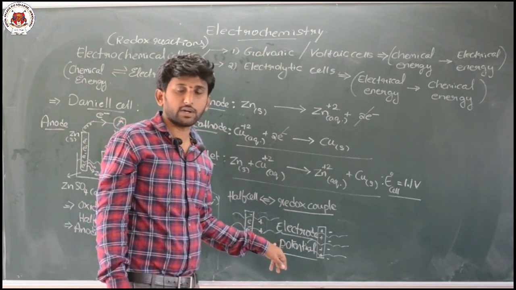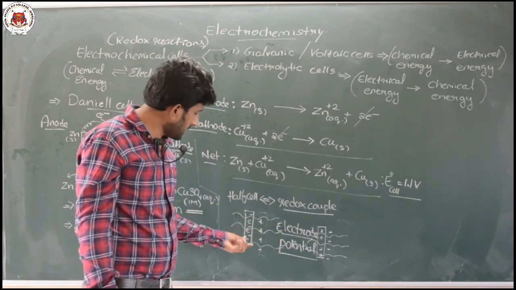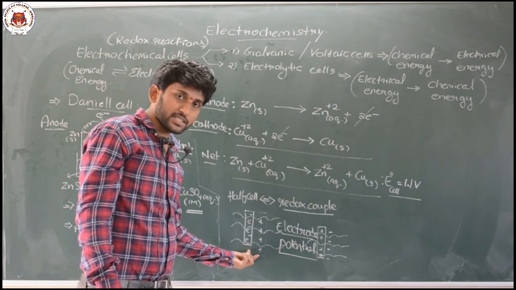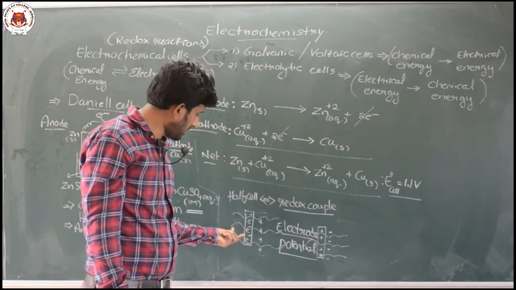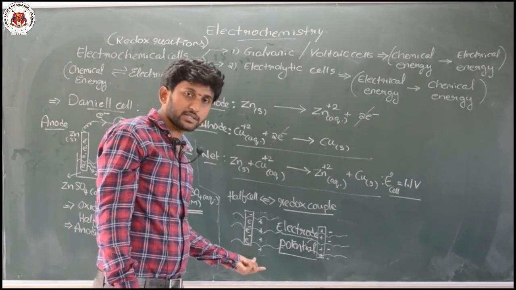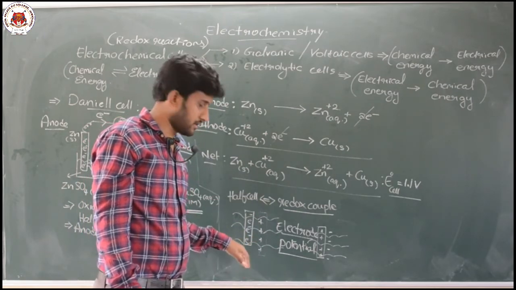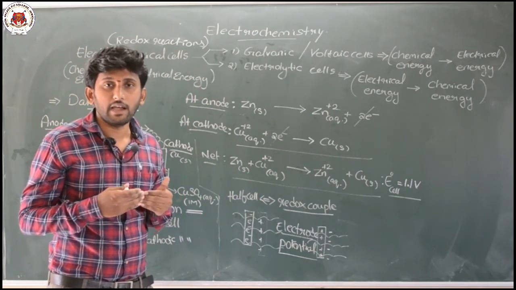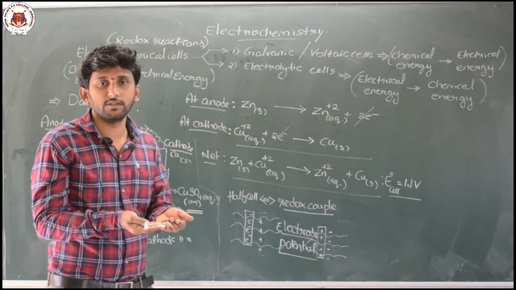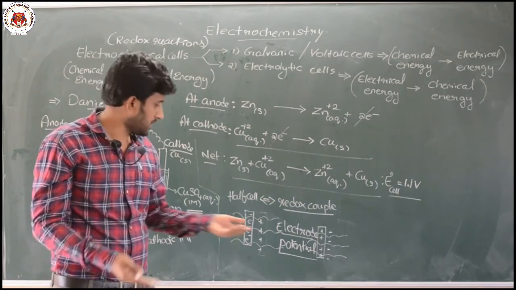So what is electrode potential? It is the potential generated when the electrode is dipped in its electrolytic solution, or the potential difference between the metal and its electrolytic solution is called the electrode potential.